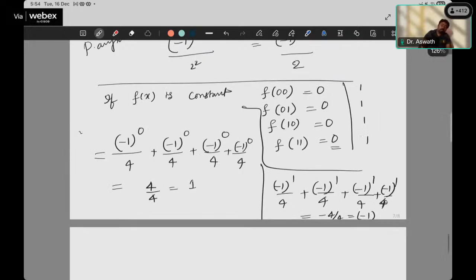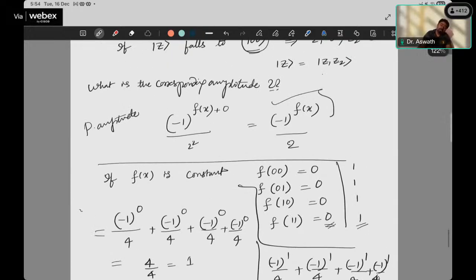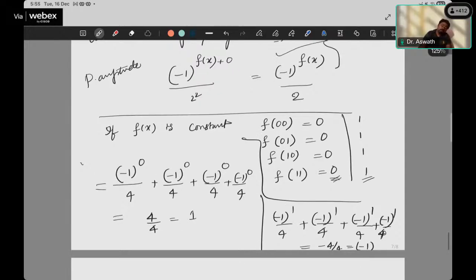So it doesn't matter whether the function gets all zeros or all ones. For a constant function I am getting a probability amplitude equal to 1, and probability equal to 1.